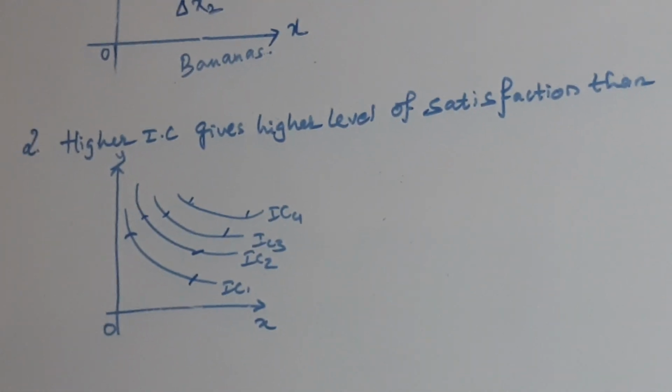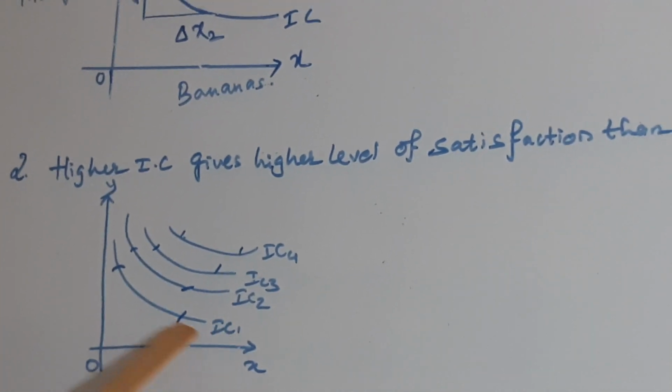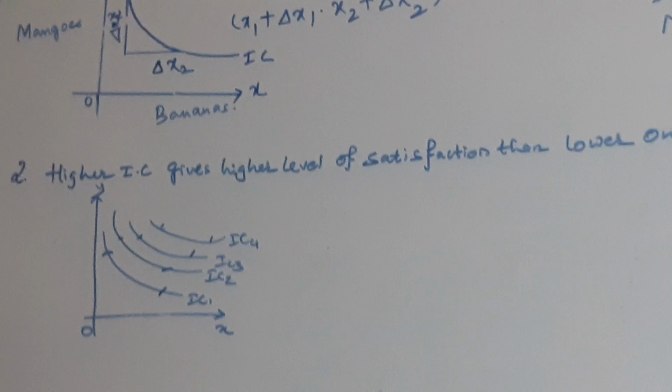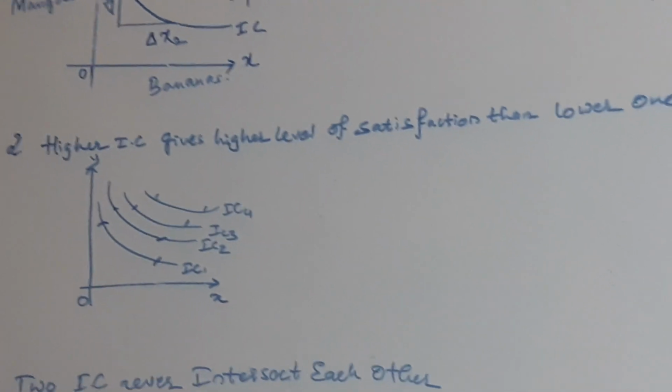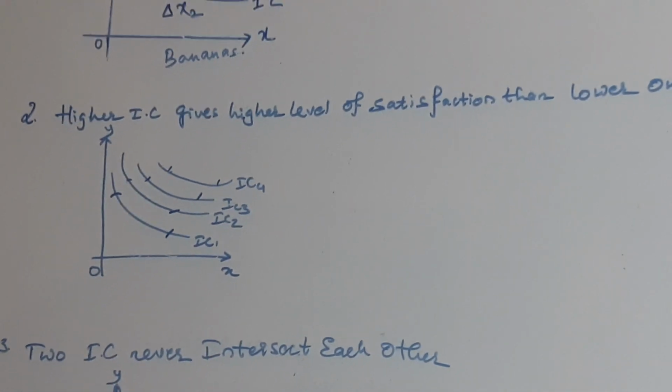Whichever point on the IC curve you choose, the same IC curve will give an equal level of satisfaction. Even in IC2, both the commodities will give an equal level of satisfaction. Similarly, it applies to IC3 and IC4. But the higher IC will give a higher level of satisfaction than the lower one.